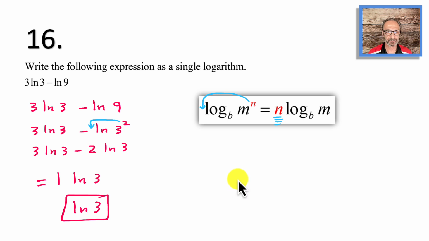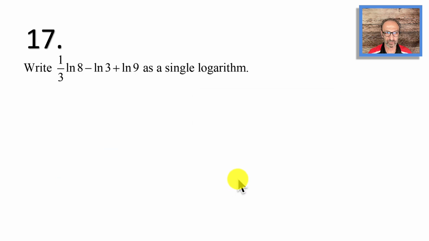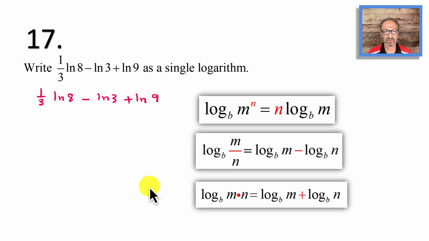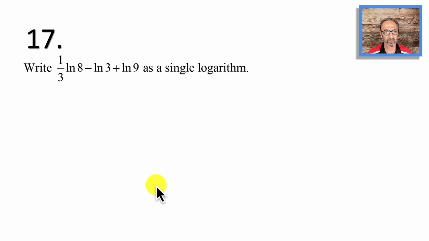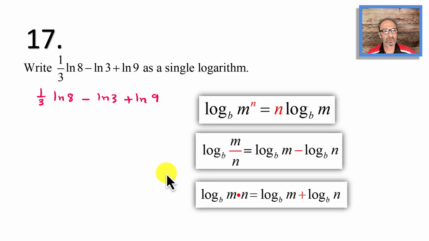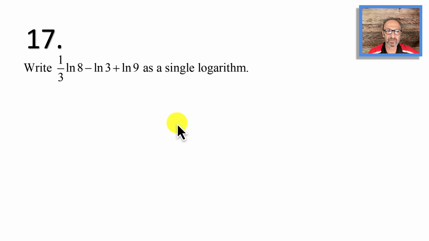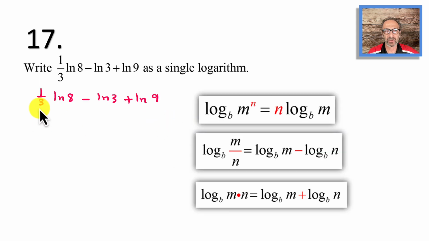Number 17. Write the following as a single logarithm. Here are some rules to keep in mind. We'll use them as we go. We need to simplify the following. So I could take the 1/3 back in. It's going to look like 8 to the power 1/3, which is the cubic root of 8.